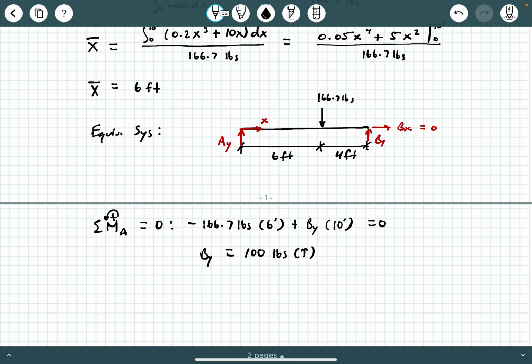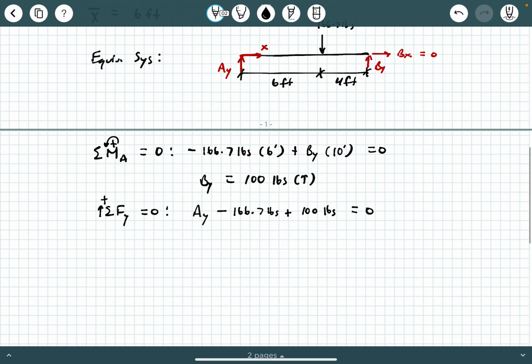reacting upwards. And to get AY, I'm going to say sum of the forces in the y direction equals 0. And that'll give me positive AY minus 166.7 pounds, and then plus BY, which is 100 pounds, equals 0. And do a little rearranging, and we'll get AY is 66.7 pounds, also reacting upwards.